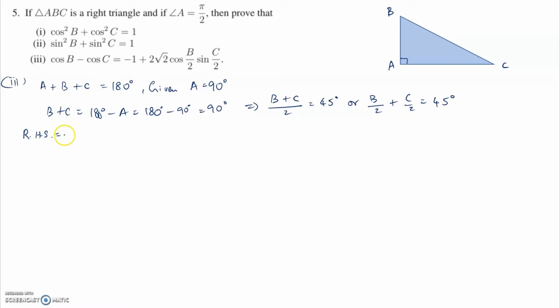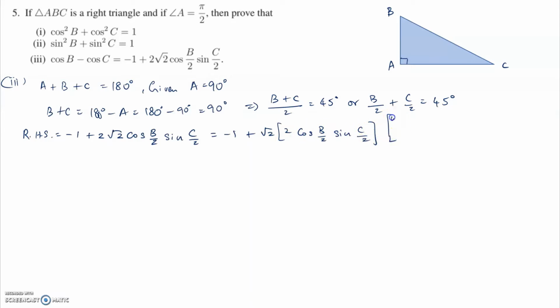is equal to minus 1 plus 2 root 2 cos B by 2 sine C by 2. Now this we can rewrite as minus 1 plus root 2 into 2 times cos B by 2 sine C by 2.